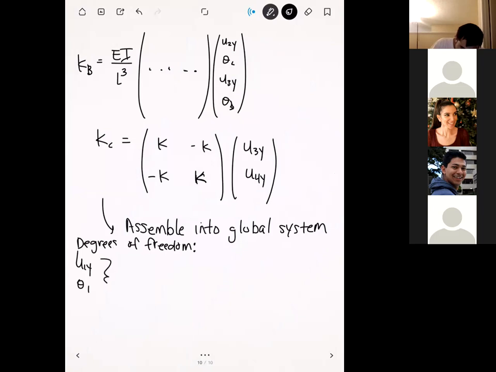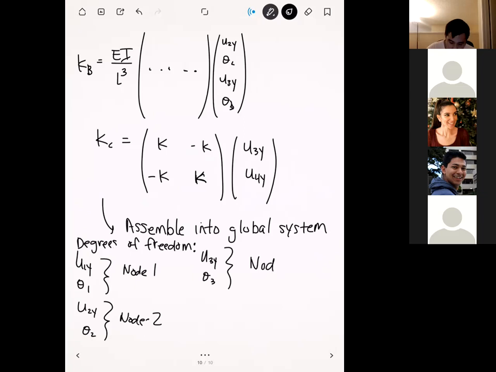Both of these come from node 1. Then we have u2y, theta 2. Both of these come from node 2. Then we have u3y and theta 3, and these come from node 3.